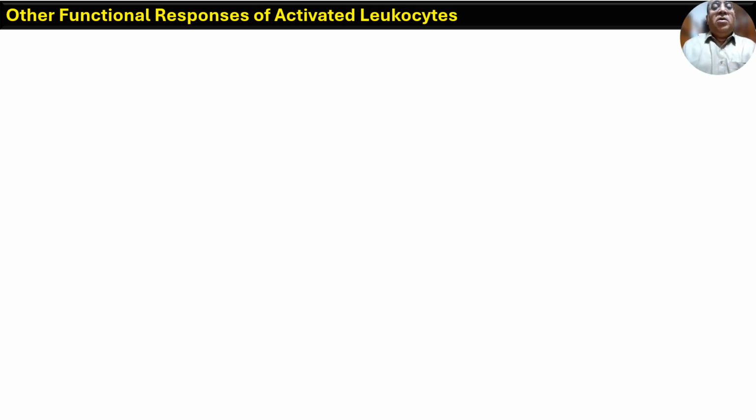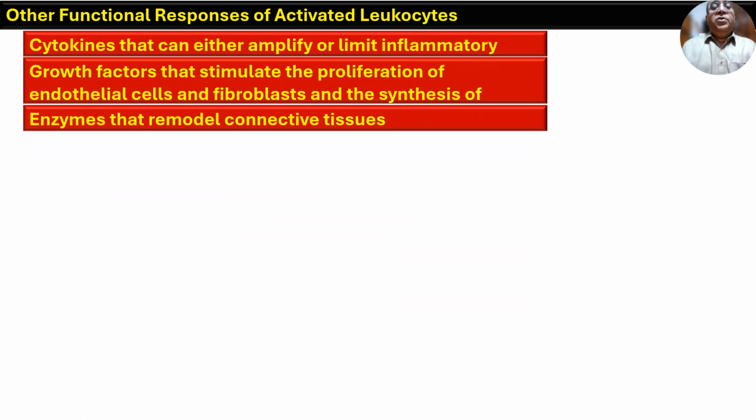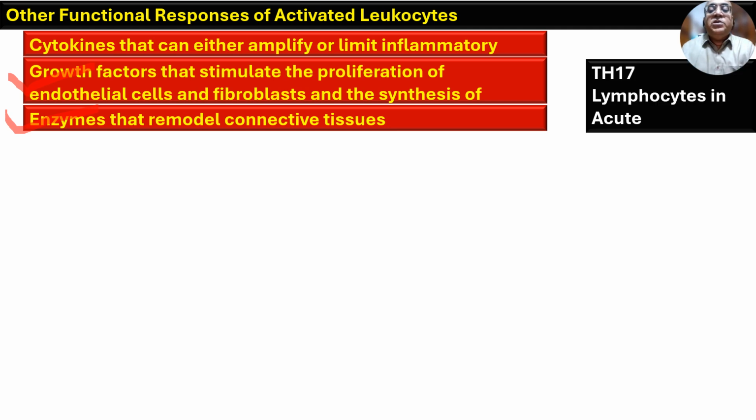Besides getting rid of the offending agent, the activated leukocyte also secretes cytokines that can either amplify or limit the inflammatory reaction. They also secrete growth factors that stimulate the proliferation of endothelial cells and fibroblasts, which are responsible for synthesis of collagen, and they also secrete enzymes that remodel connective tissue.